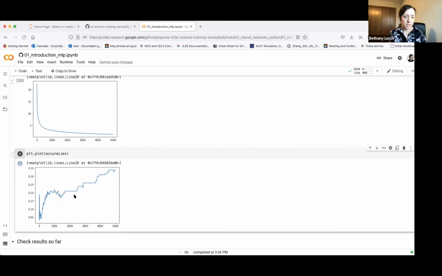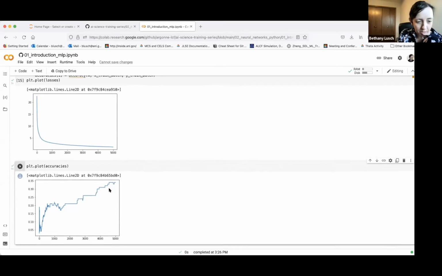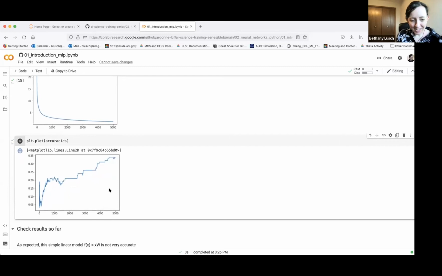Okay, so the loss is like smoothly going down, but in this case, the accuracy is a lot less smooth. And in my opinion, more intuitive. So we would get the idea that near the end, something like 35% of the images are accurately labeled. Any questions, or did anyone catch any mistakes?